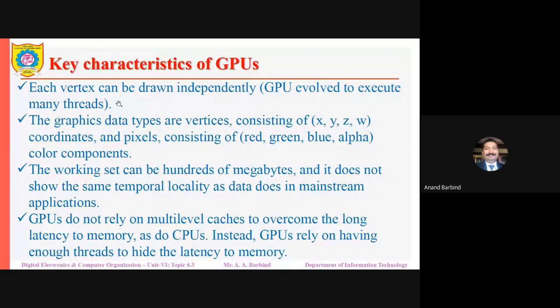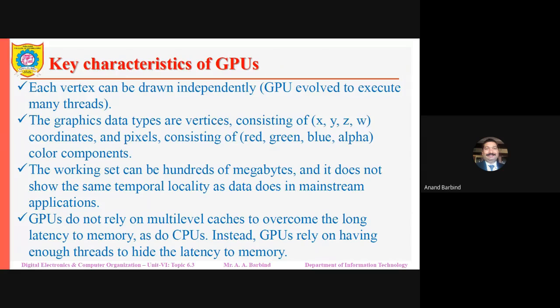Unlike the CPUs, which have data types like character, integer, and floating point numbers, with single precision and double precision, and strings, you can construct special data types from these basic data types.